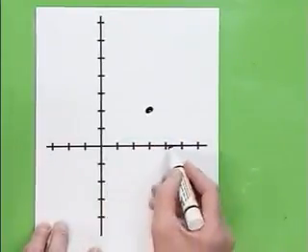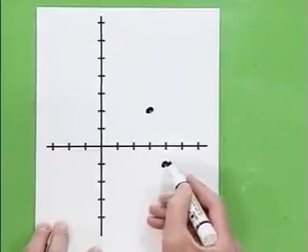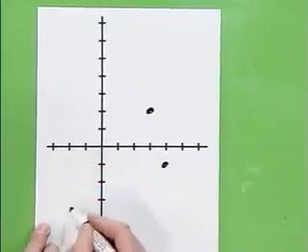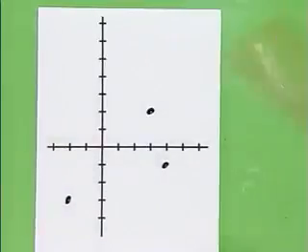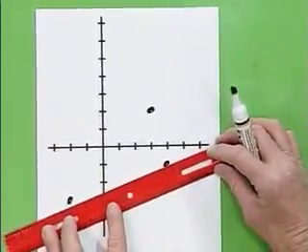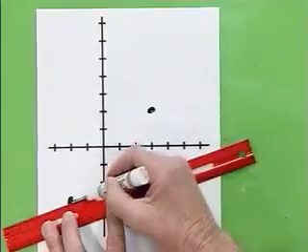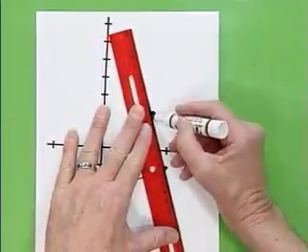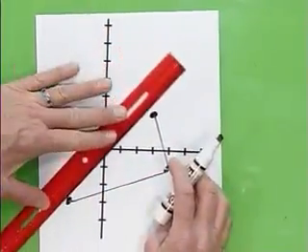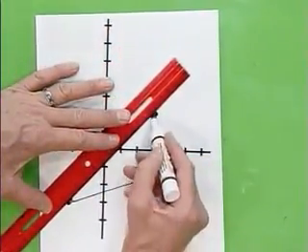There's the point 4, negative 1 right here. And the point negative 2, negative 3 right here. Now you notice those 3 points, if I connect them, make a triangle. And it looks like it's close to being a right triangle, but we don't know for sure.